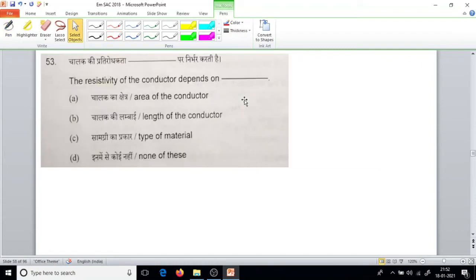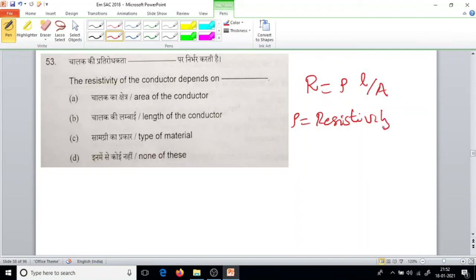Question number 53. The resistivity of a conductor depends on what? We know one equation, R equal to rho L by A. Here rho is the resistivity. In our textbook there's one table for the resistivity of different materials.